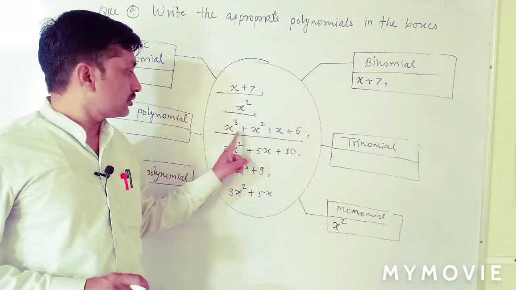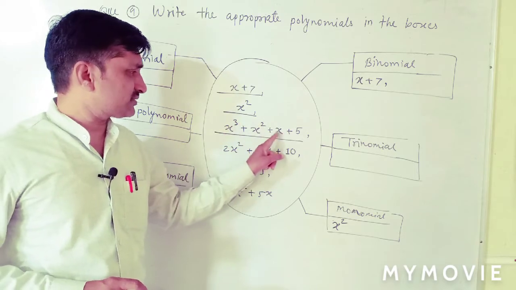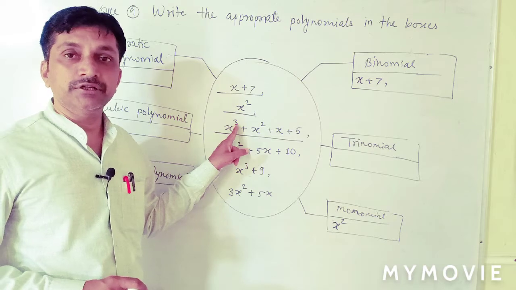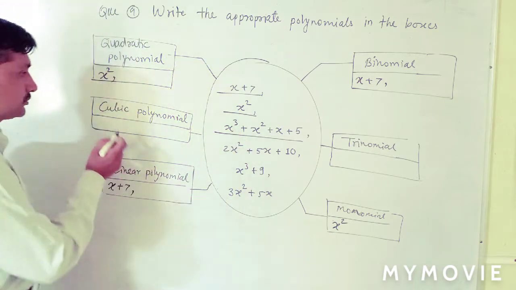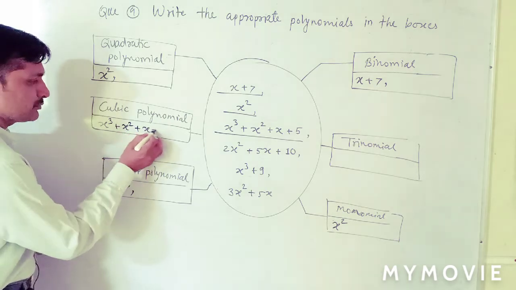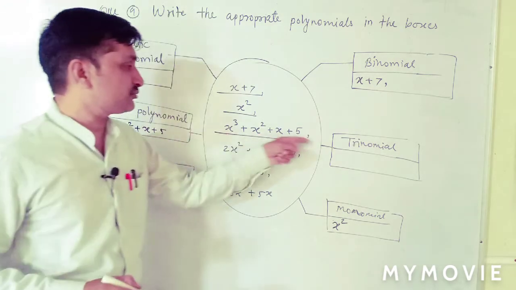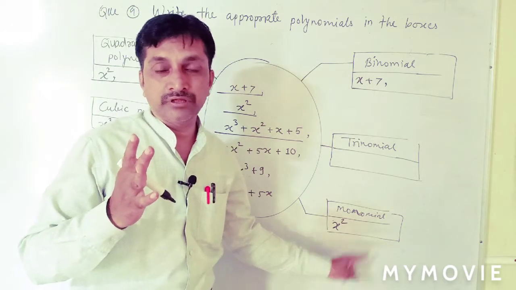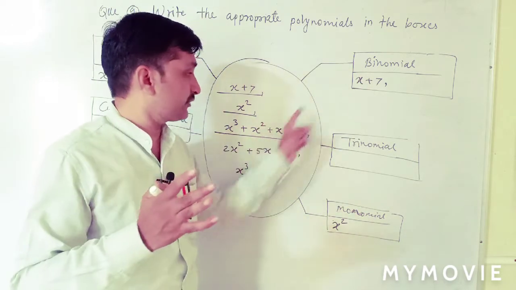Now here third, x cube plus x square plus x plus 5. What is the degree? 3. Degree 3 means cubic. x cube plus x square plus x plus 5. How many terms? 4. But we don't have a type for 4 terms here. We have till 3 only, trinomial. That's why it will not come here.